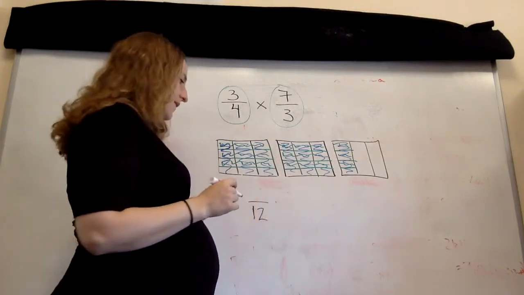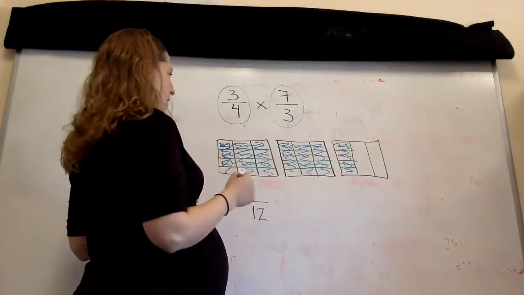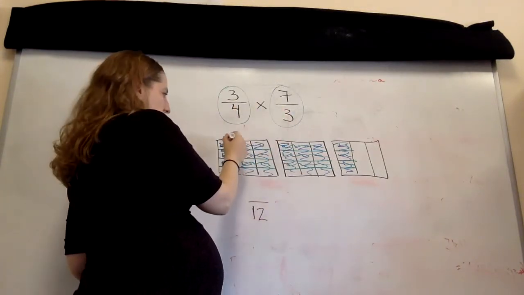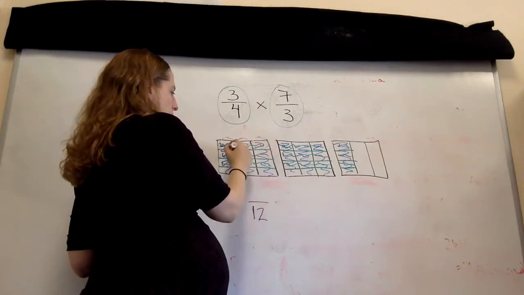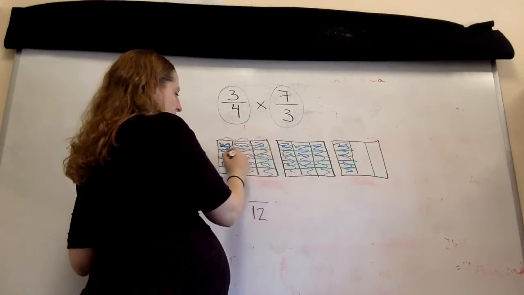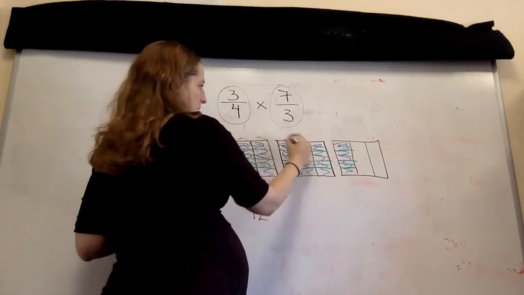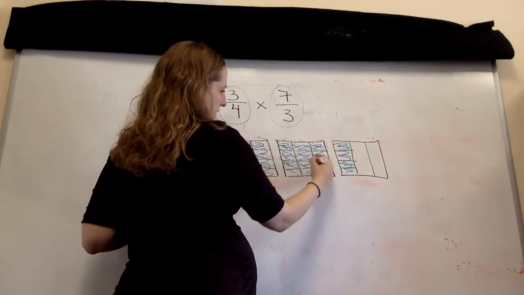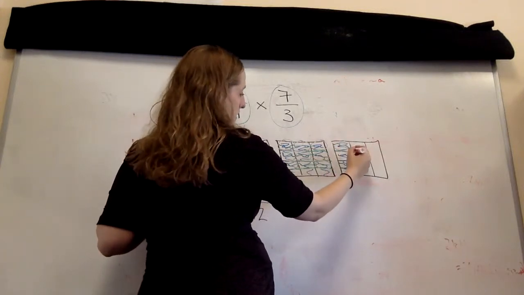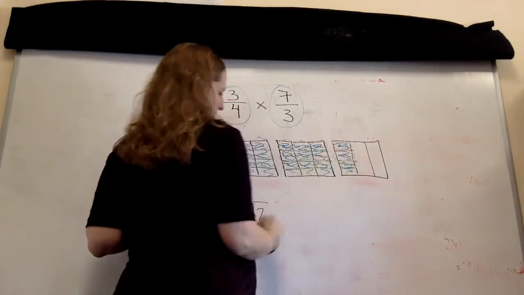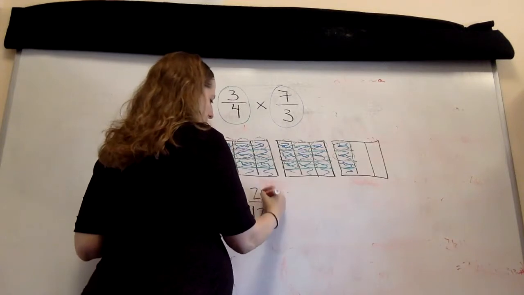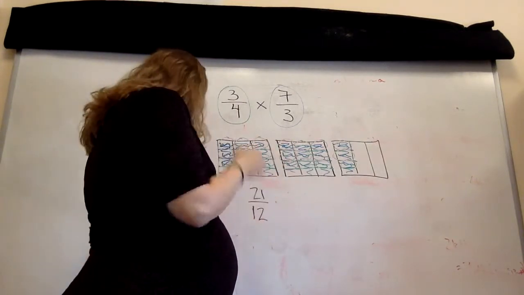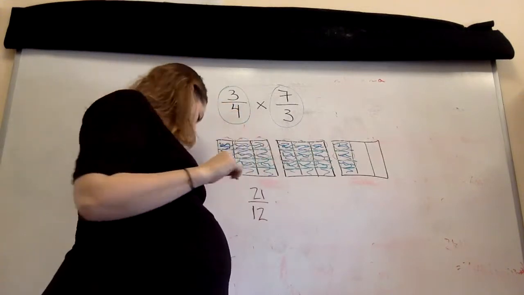Of those 12ths, how many are double colored, or representing my 3/4 of 7 thirds? 1, 2, 3, and so on up to 21. Phew. So this picture shows that 3/4 times 7 thirds equals 21/12.